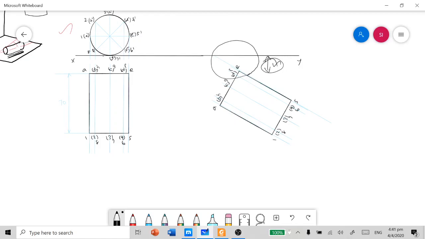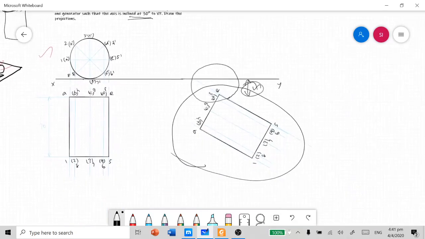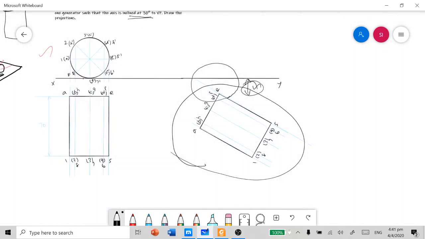If you touch this lateral view with the XY line in the top view, it will mean that the solid is touching VP, but it's not given in the problem. The solid is not at all touching the VP, it's touching only the HP. So whenever you draw the top view for this, you need to maintain a small gap between the lateral portion of the solid and the XY line in the top view area.